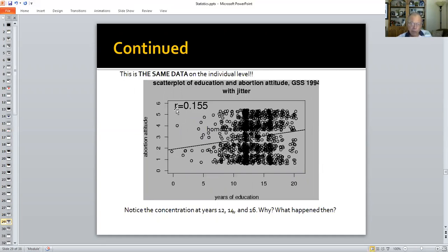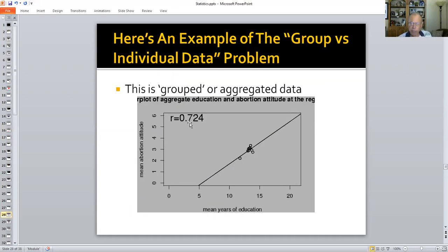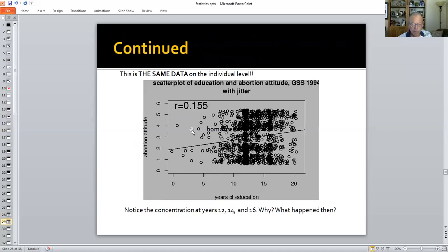Now look at our R, and we say R is equal to 0.155, not as impressive. Now it's a positive relationship, but it by no means is strong. And if we go back to the other one, R squared here is going to be like 50%, okay? Go down here, it's much less, about 2%.